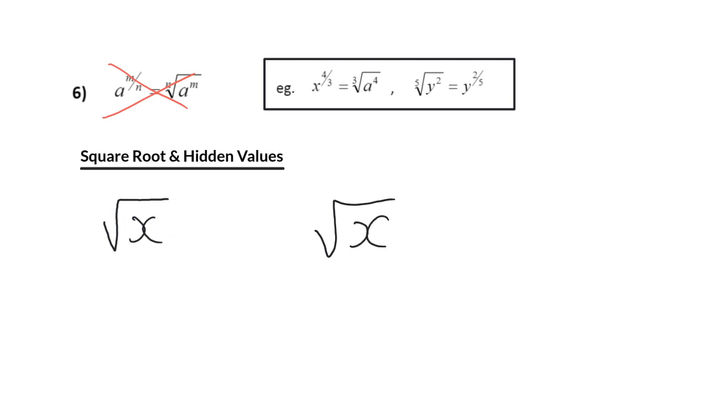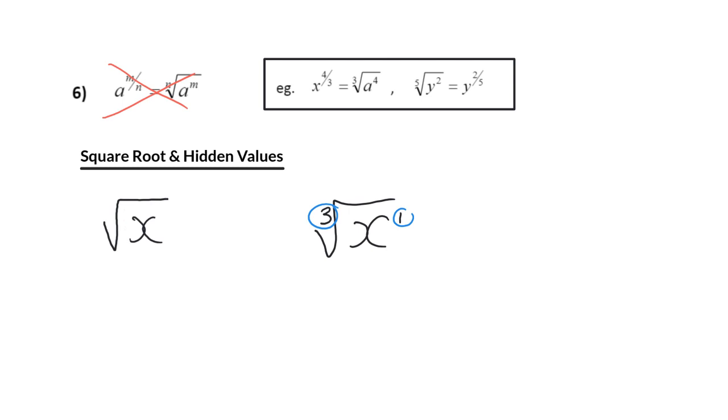What has happened over the years is there's a value that should go in here and in here, but they've dropped off. If we were dealing with the cube root, then there would be a wee 3 in here. The number above the x, as we've seen before, is a 1 that's missing. So the cube root or the square root has disappeared, and what we want to do is reinstate it.